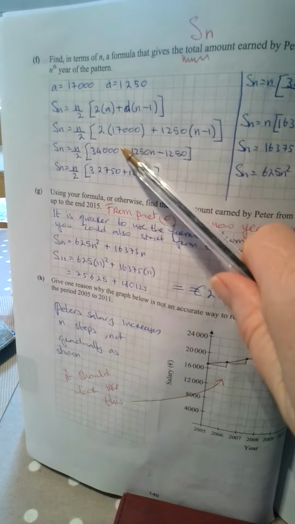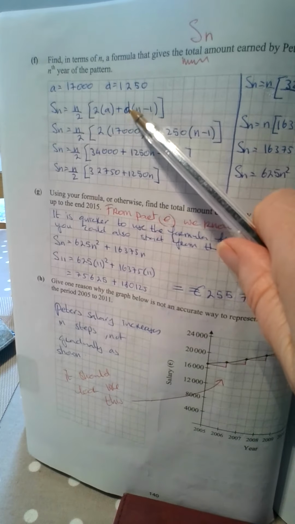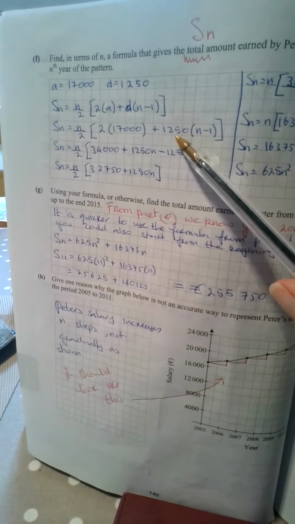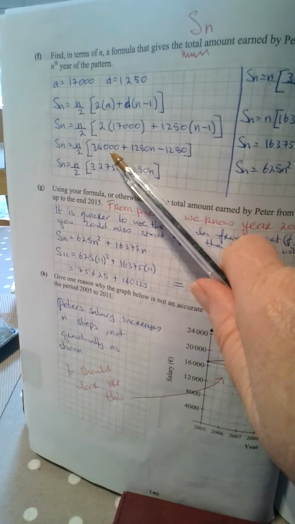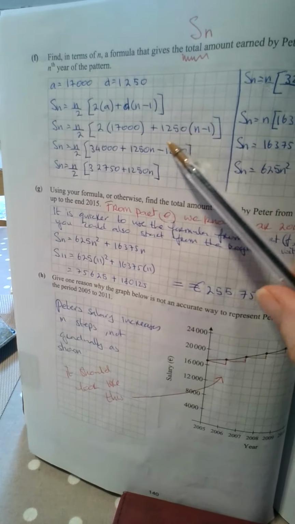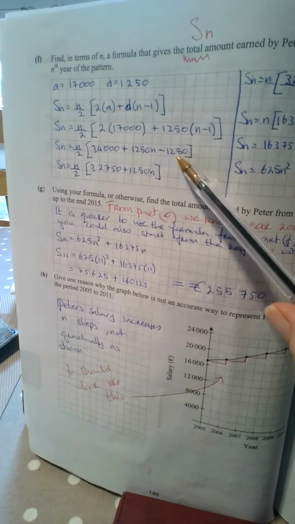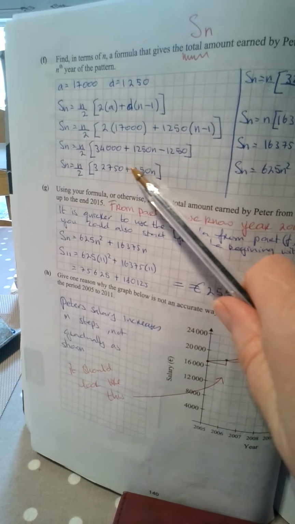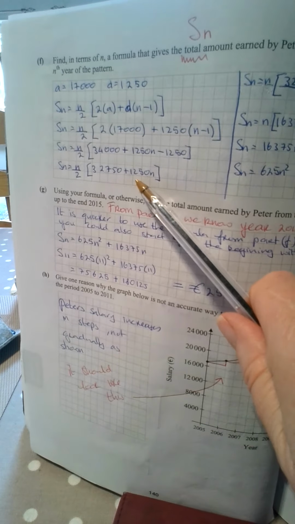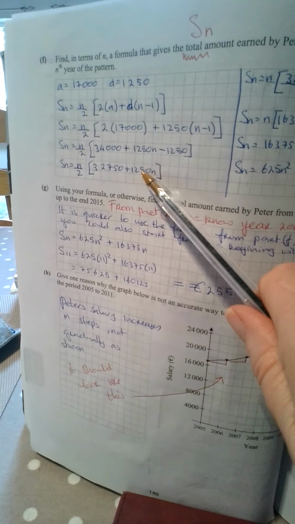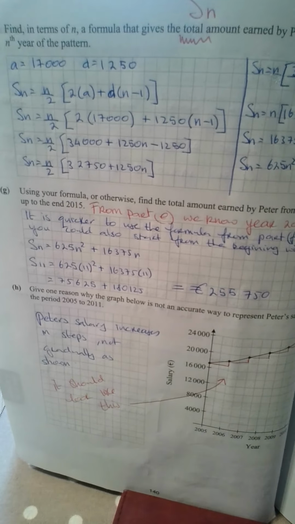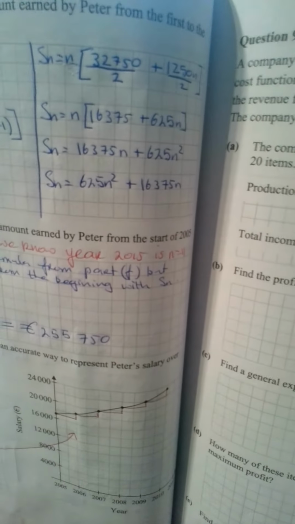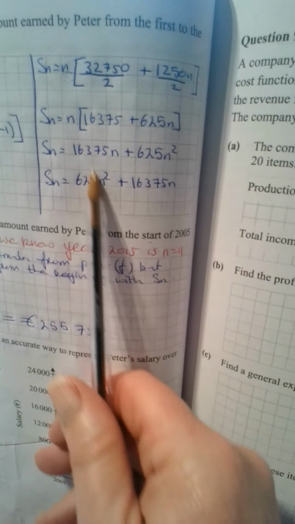Subbing in A, 17,000 here, and D, 1,250. Multiplying out two 17,000s, 34,000. 1,250n minus 1,250. Put them together, you've got 32,750. How do we deal with this? This is a little bit tricky. So n over 2. The first thing I did was I brought my 2 in.